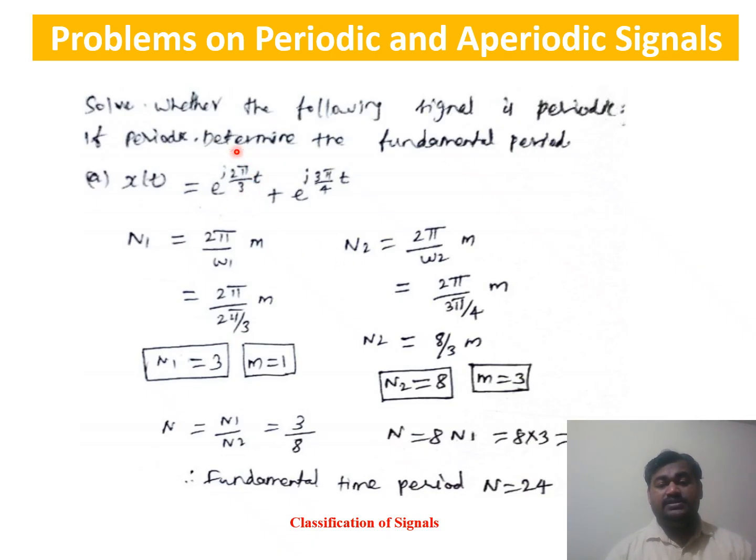So 2 pi by 3, 3 pi by 4. So here 2 pi by omega into m. Sorry, this is n.